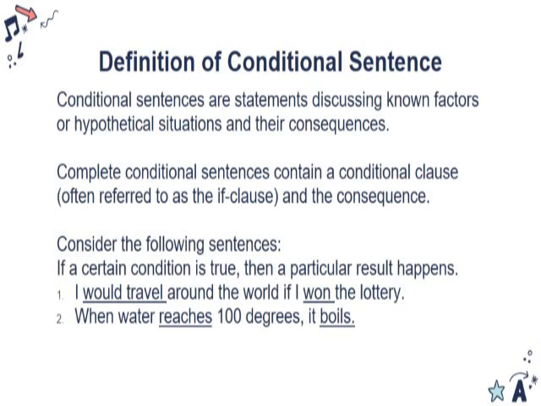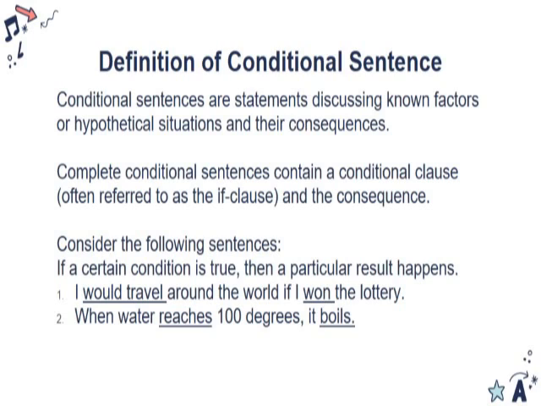Consider the following sentences. If a certain condition is true, then a particular result happens. For the first sentence, I would travel around the world if I won the lottery. And the second example, when the water reaches 100 degrees, it boils.